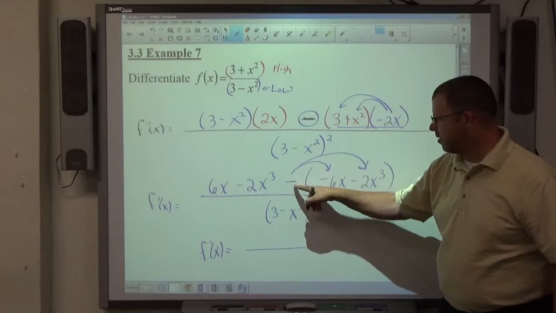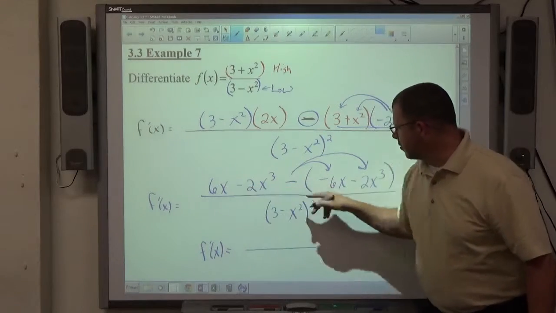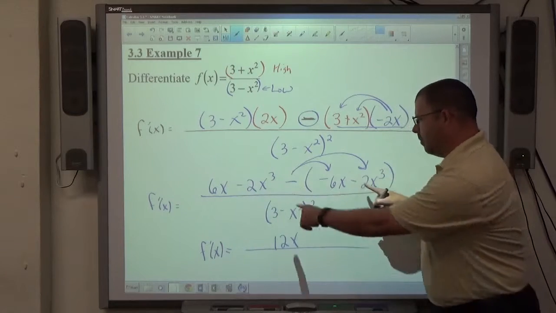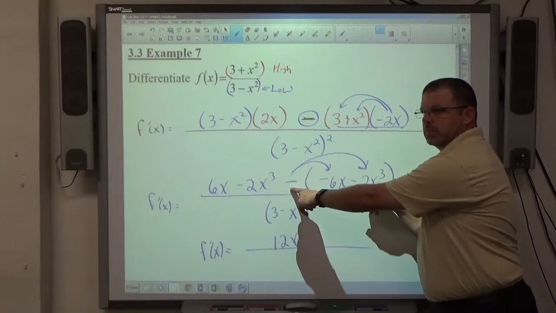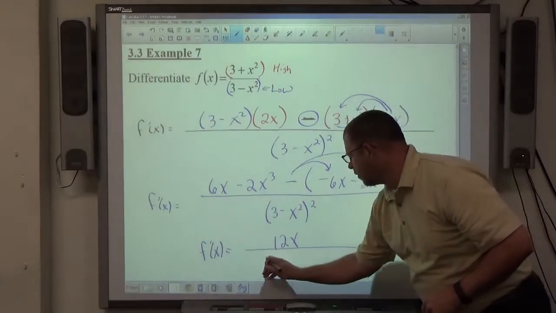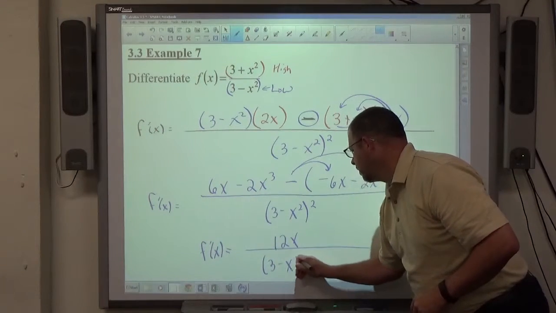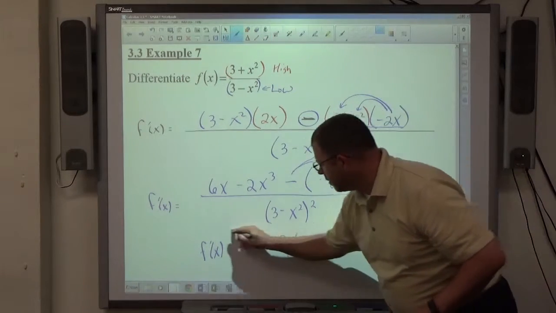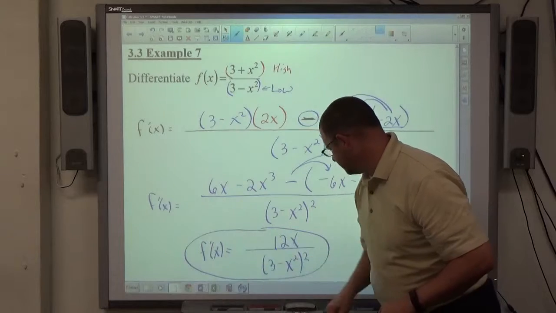Minus minus is plus. So 6x plus 6x is 12x. Negative 2x cubed, it'll be plus 2x cubed. What's negative 2x cubed plus 2x cubed? 0, they cancel. All over 3 minus x squared, squared. And that is the derivative in simplest form.